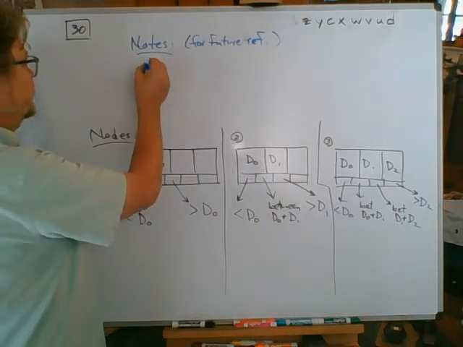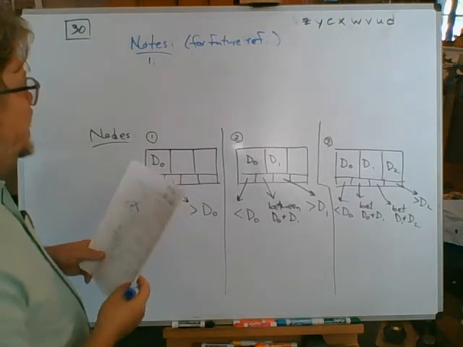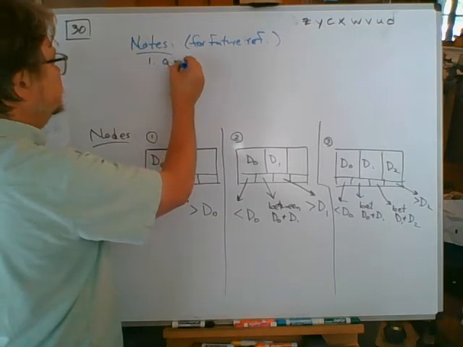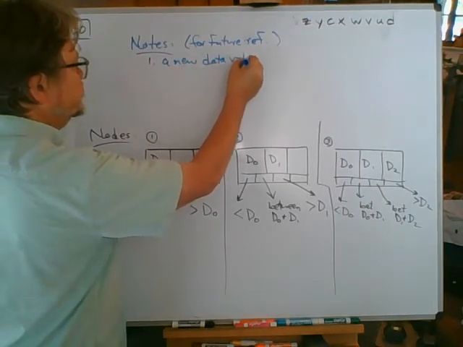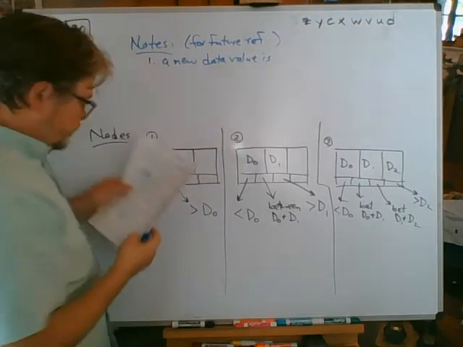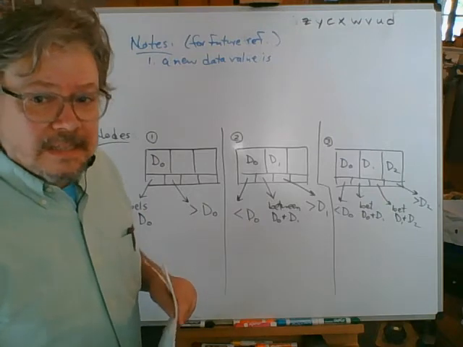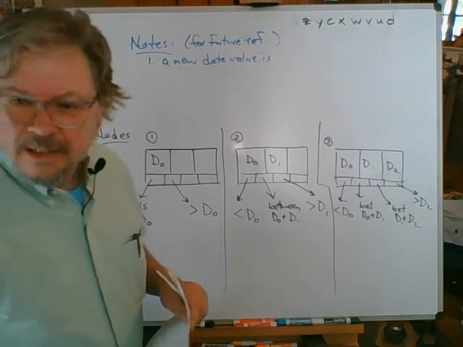Number 1. And why for future reference? Because these are so weird, they're going to look crazy right now. A new data value is always inserted into an existing internal node with no children. I told you they were weird.